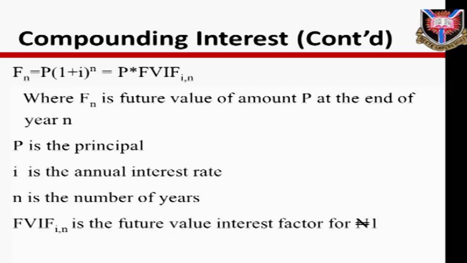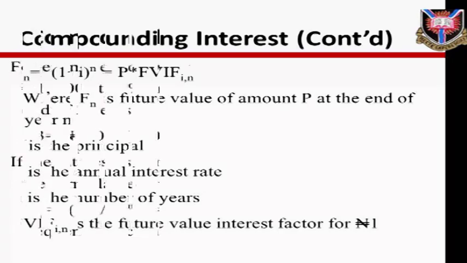where Fn is the future value of amount P at the end of year n, P is the principal, I is the annual interest rate, n is the number of years, and FVIF(I,n) is the future value interest factor of 1 naira.